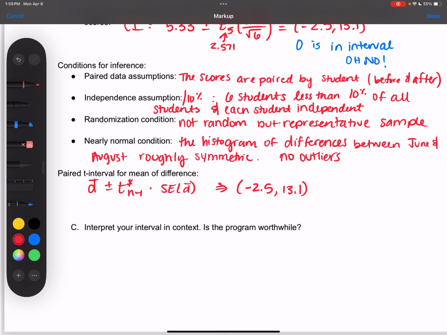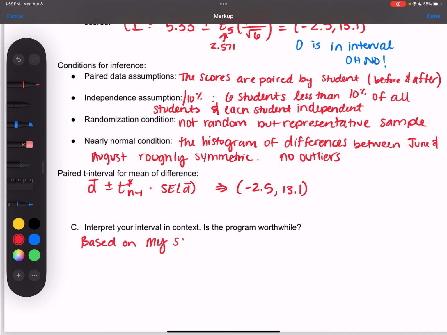All right, so interpret your interval in context. Is the program worthwhile? No. Why? Zero is in the interval, it's like in the negatives. Yeah, it has people doing worse, because some of it is below 0.